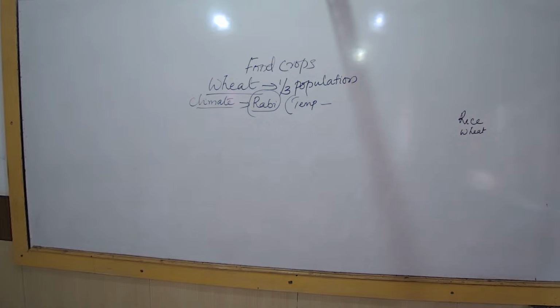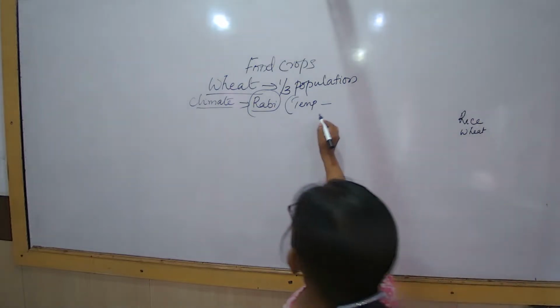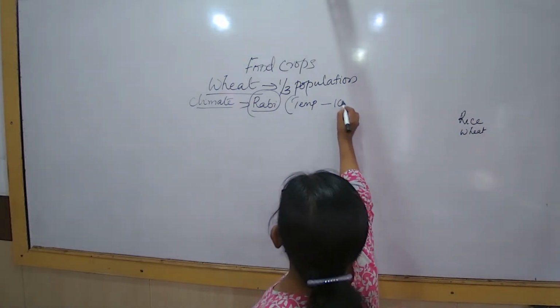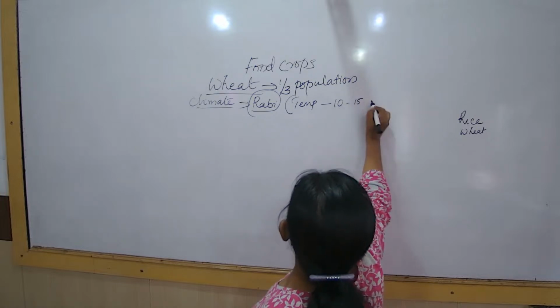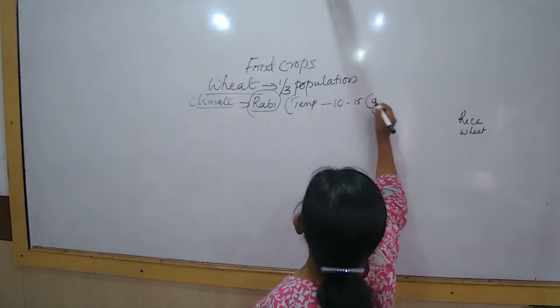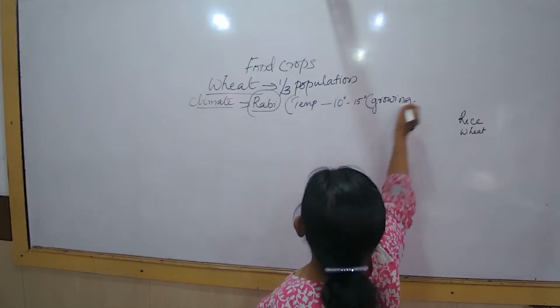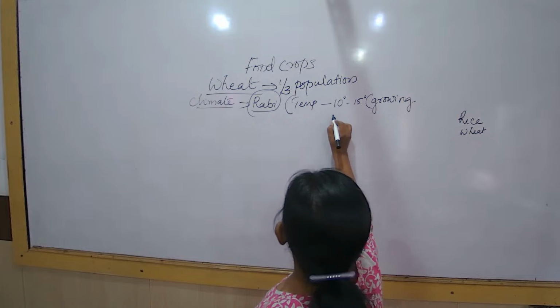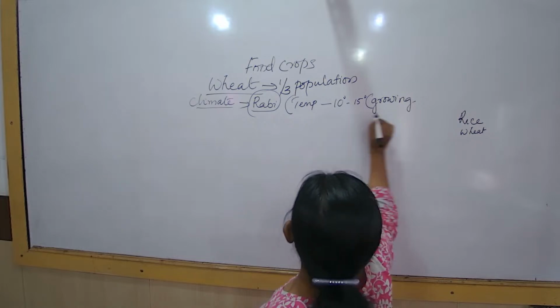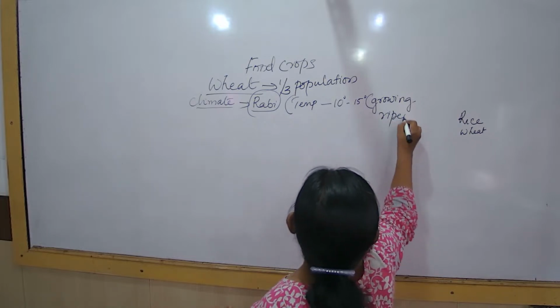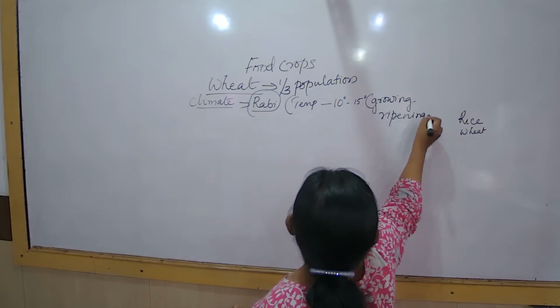In winter, rice does not need that much. So the growing season temperature is 10 to 15. Got it? Now the ripening season, how much? 20 to 25.